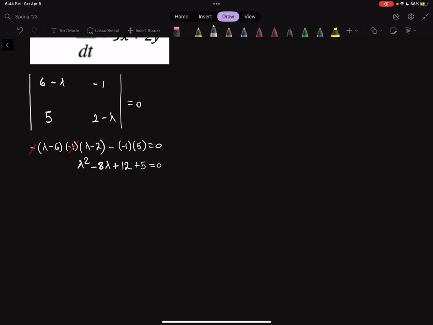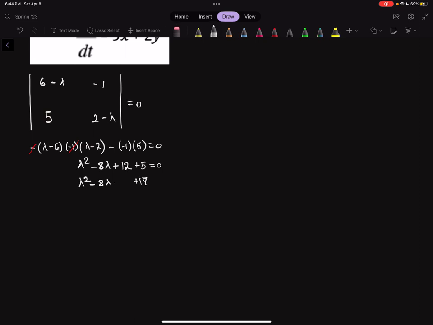All right, so hopefully, if I didn't make any mistakes, we're going to get lambda squared minus 8 lambda plus 17 is equal to 0. I'll leave some space here.